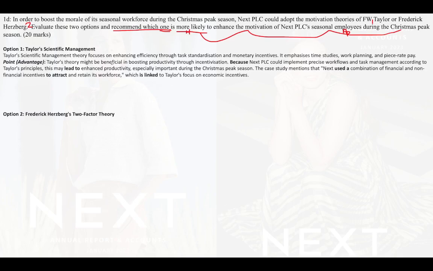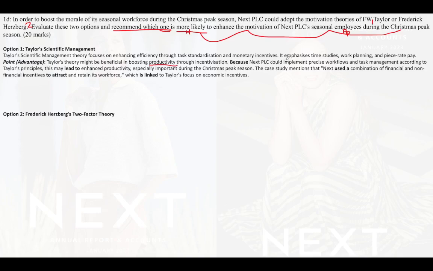Taylor's theory might be beneficial in boosting productivity through incentivization. Hang on, we're talking about morale, not productivity. I really hope that this answer doesn't go off onto a mad rant about productivity. Let's see.